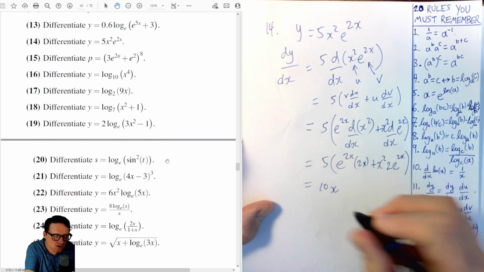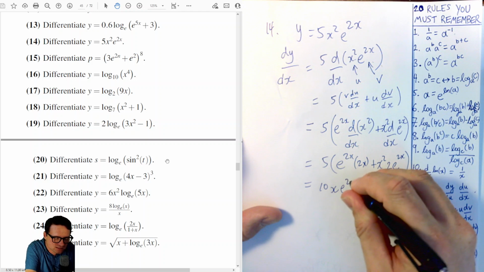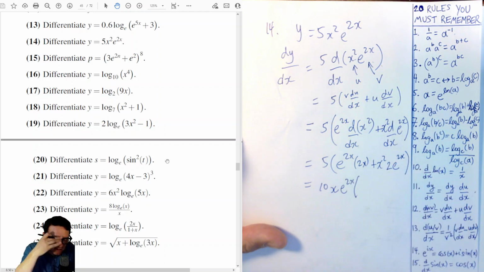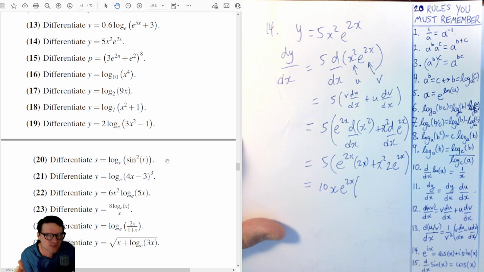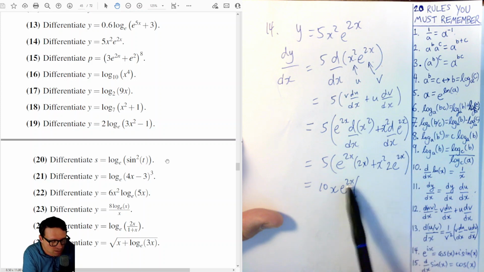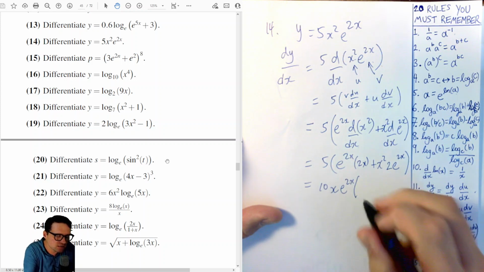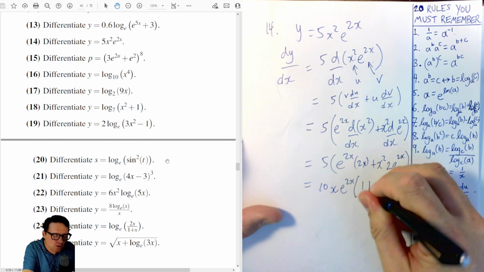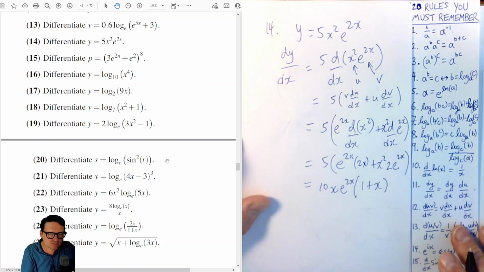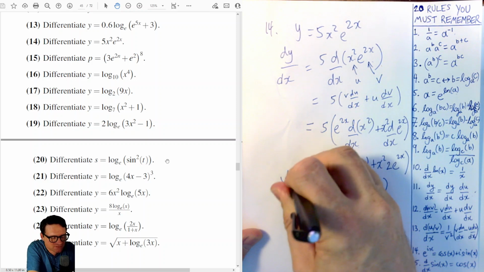So 10x is common and e to the 2x is common. So what remains then when I factorize out 10x e to the 2x? Well, what would remain is a 1 here and a single x here. So 1 plus x. Okay, and so this is y dash of x.